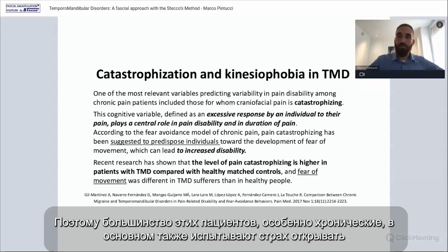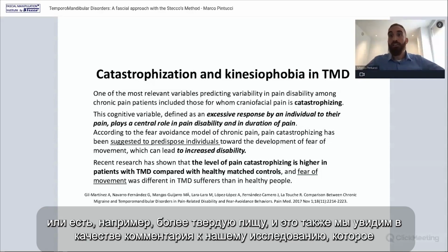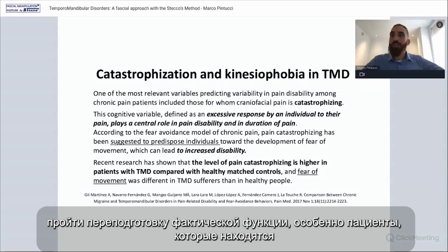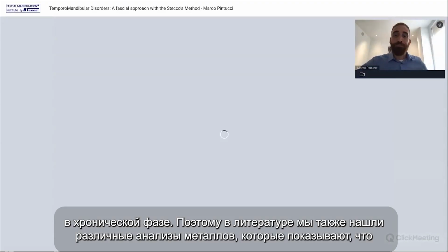So most of these patients, especially the chronic ones, also have fear of opening or eating, for example, more solid food. And this, as a comment for our study that we did in Rio, is very important, because most of the patients need to go through a retraining of the actual function, especially the patients that are in a more chronic phase.